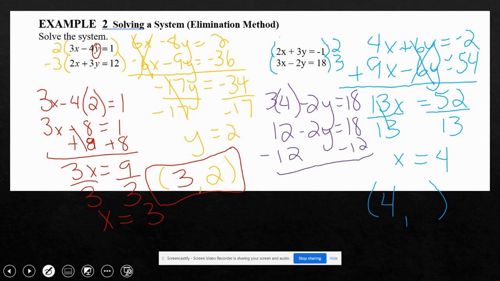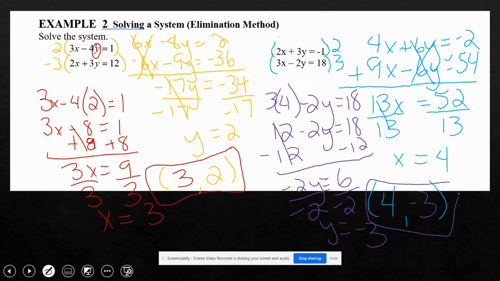Subtract the 12 over. Divide by negative 2 on both sides. And we get y is equal to negative 3. So (4, -3) is our final answer.